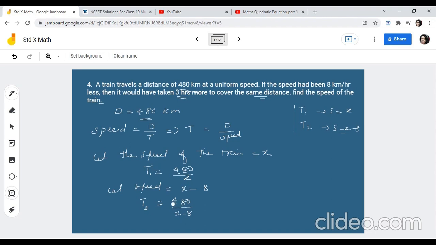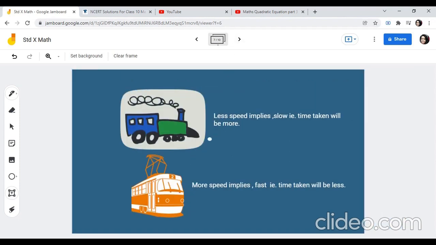Now tell me, which case will take more time? Look here. This is an ordinary train. Here the speed is less, so the time taken will be more. If speed is less, time taken will be more.